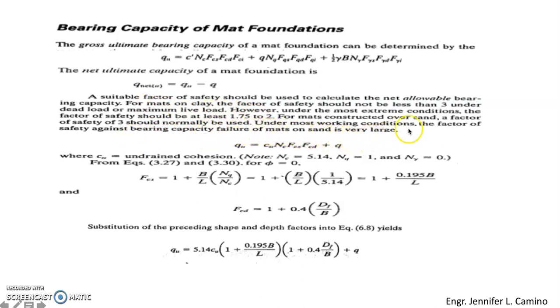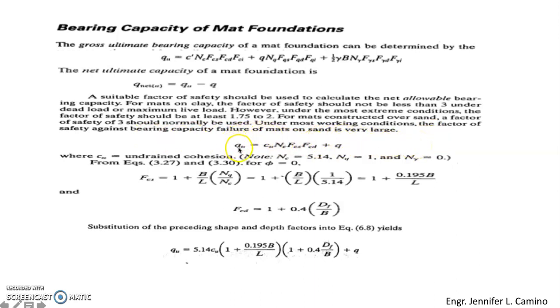And for a mat constructed over sand, you are going to use a factor of safety of 3. This is the condition for mat foundations constructed over sand. The factor of safety against bearing capacity failure of mats on sand is very large.